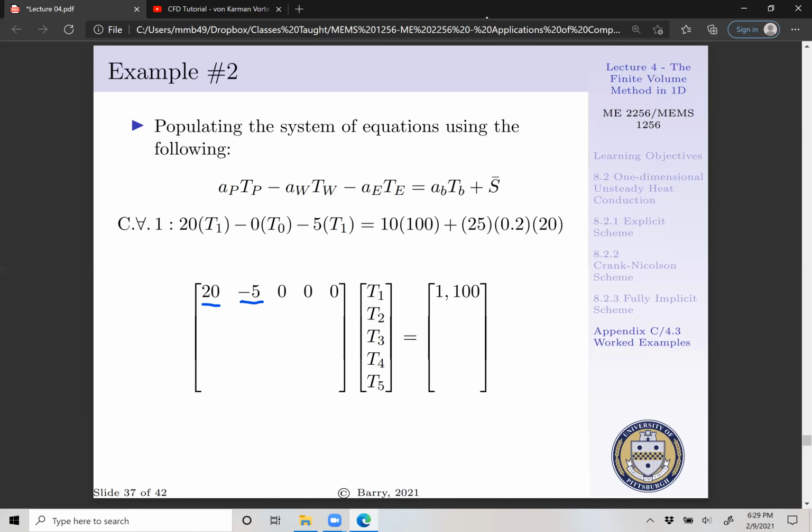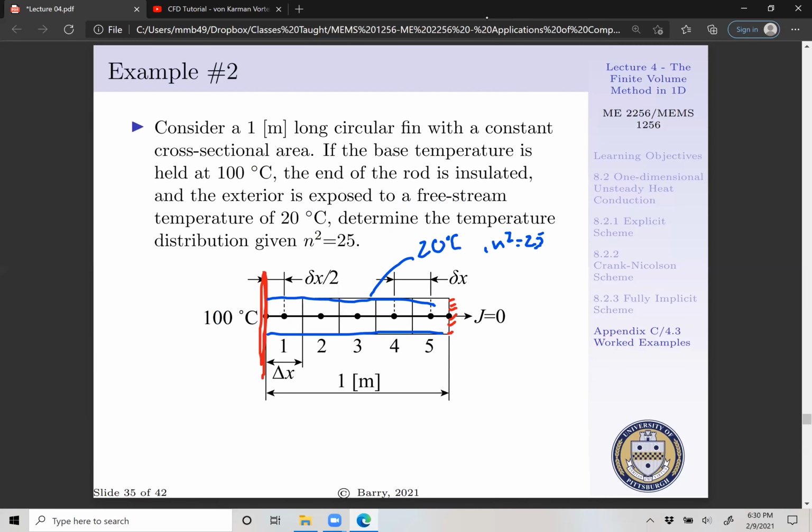Now the left-hand side, we had no A west to that, so that drops out. Now for our right-hand side matrix, we have A at our boundary times our boundary temperature. Our boundary temperature was 100 degrees centigrade, and AB would be 2 of A east, so that's 10. And then what we have here is S bar, our integrated source term.